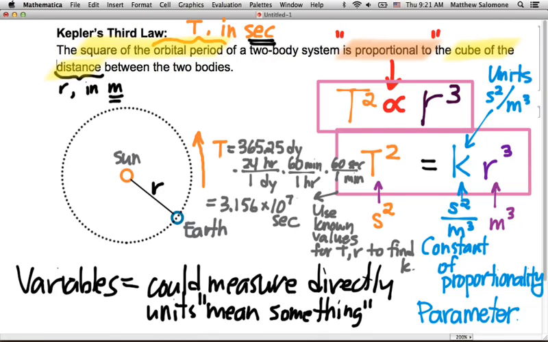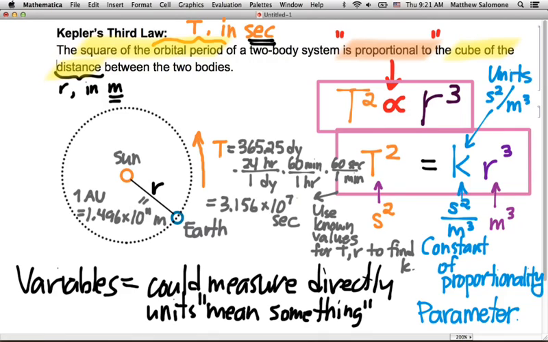And then we just need the radius, the distance from Earth to Sun, and that's what we called 1 AU. And from some of your previous work, you had 1 AU converted into meters. You had the conversion factor for it. What was it? Was it 1.496 times 10 to the 11th meters?